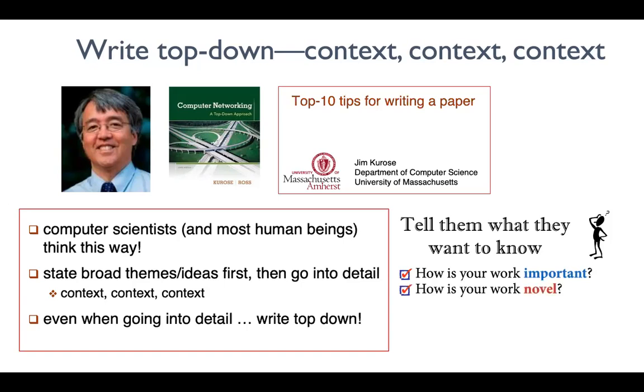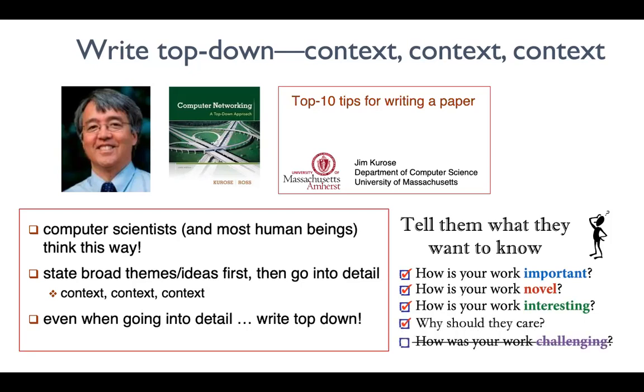We should describe how the work is novel, how the work is interesting, and why they should care. It's not as important to describe the personal challenges you faced and the unique chronology or time sequence of the events that you experienced. The important thing is that once you have done the work, you can reflect on what you've learned and then describe it in a way in which you describe the principles first and then the details.